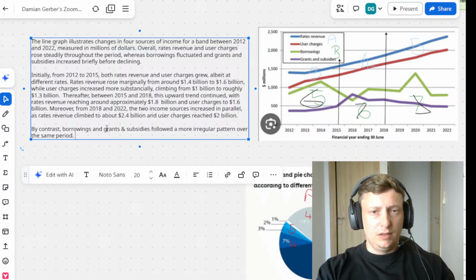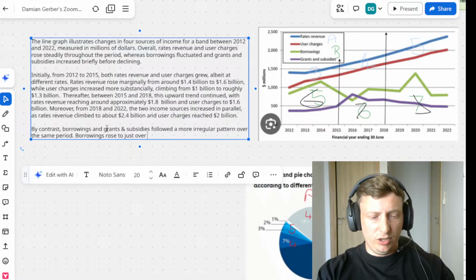Okay, so let's start with borrowings. Borrowings rose to just over 1.1 billion. We'll go with 1.1 billion before declining.